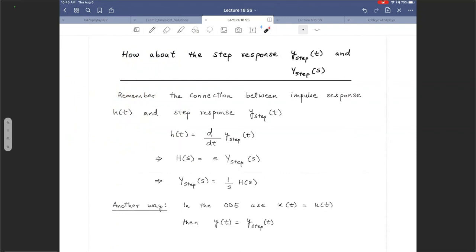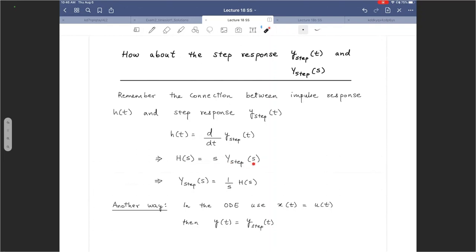So what if we are after the step response, not the impulse response? How would we do that? We first recap the relationship between the impulse response h of t and the step response y step of t. We talked about this just a bit ago. The impulse response h of t of an LTI system is the first derivative of the step response y step of t. Now, if we take the Laplace transform on both sides, we have H of s on the left side equals s times y step of s.